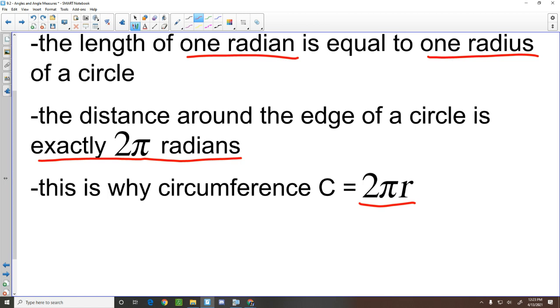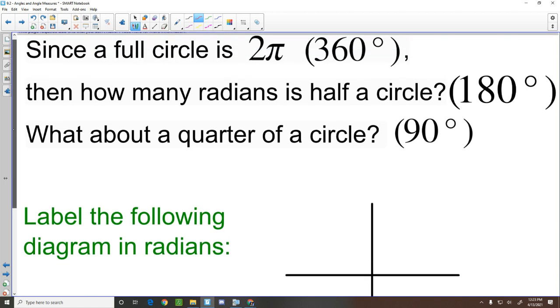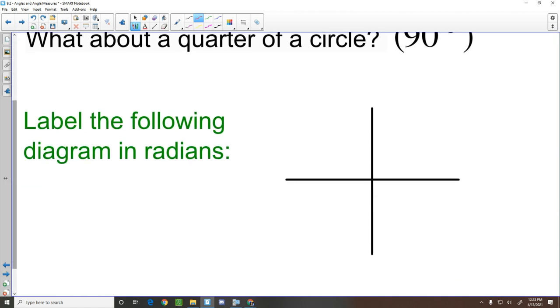And think about how it applies to this unit circle or to the coordinate plane. So here's what we got. A full circle, one time around, one full revolution or rotation, is exactly 360 degrees. Well, that's what we call 2 pi. So I've got another little coordinate plane here.